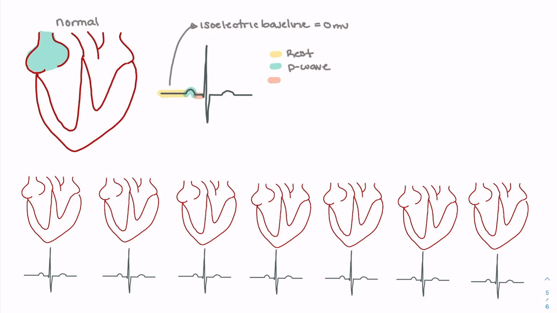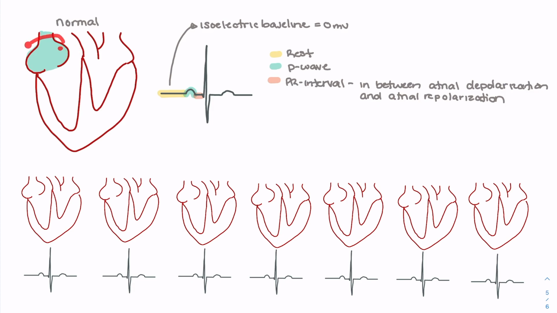So again, this orange phase, the PR interval, is indicative of that time in between. Ions have flowed into the cells to cause our depolarization. Now nothing's happening until the atria repolarize, which we're going to see within our QRS complex. So again, the net flow of ions here is 0.